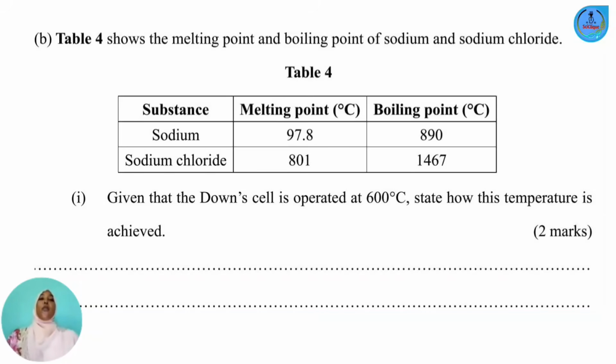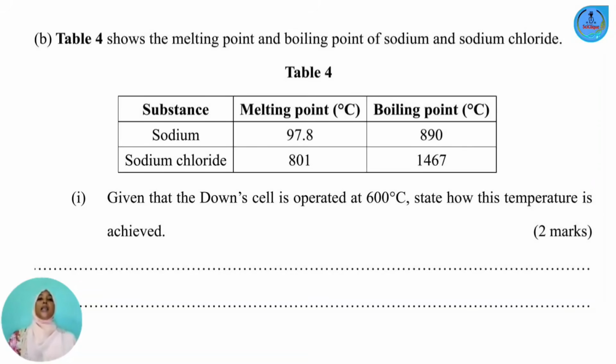Part B, table 4 shows the melting and boiling points of sodium and sodium chloride. So of sodium metal and sodium chloride. Okay, so let's go through the table. When it comes to sodium, the melting point is 97.8, quite low actually, right? The boiling point is 890.